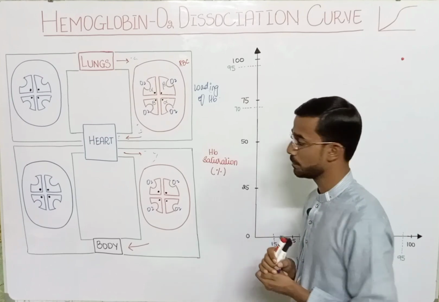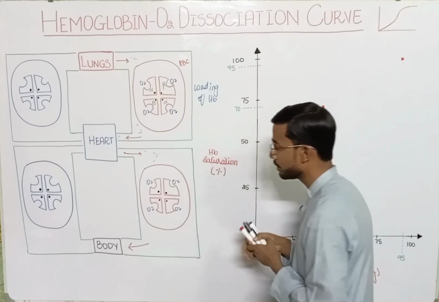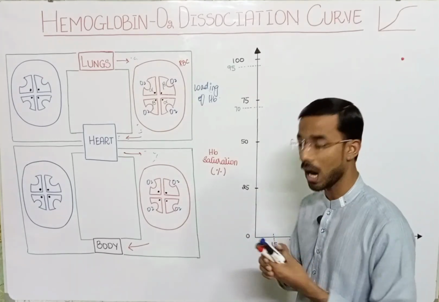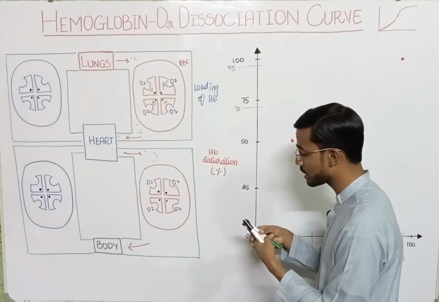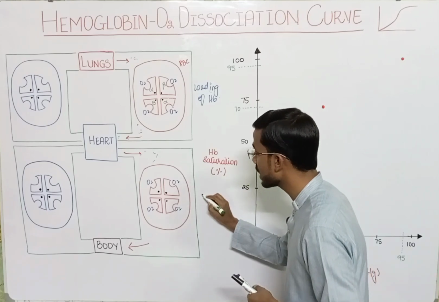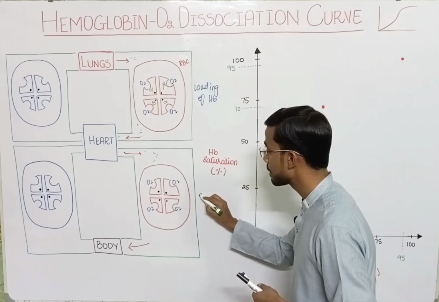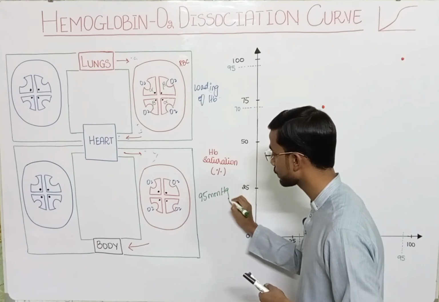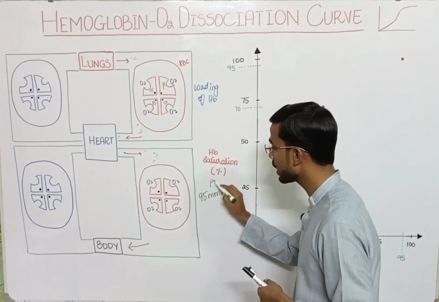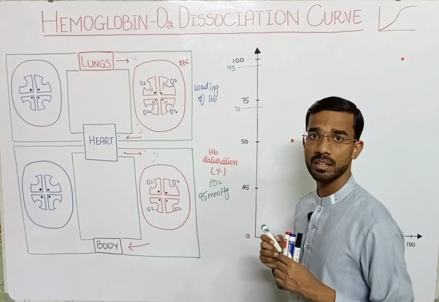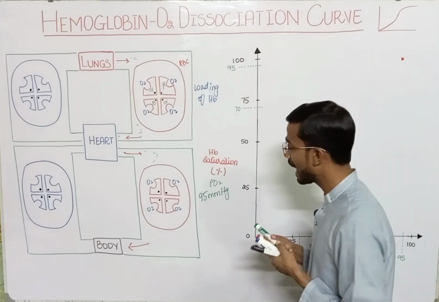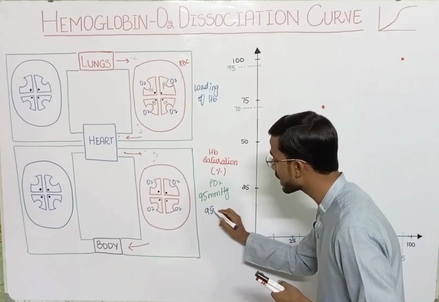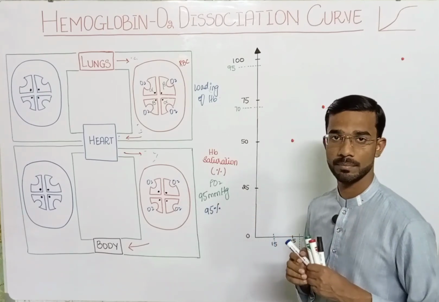Now this is the arterial system, and in this system the oxygen pressure is 95 millimeters of mercury. This is the partial pressure of oxygen in the artery. In that situation 95% of hemoglobin is saturated.